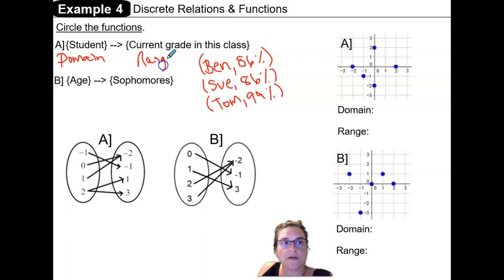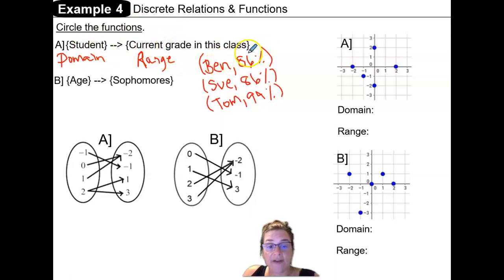And the range here is the current grade in this class. So domain maps to range. If I want to know if this relation is a function, I have to decide, is it possible for a student in the class to have more than one current grade? And that answer is definitely a no, right?